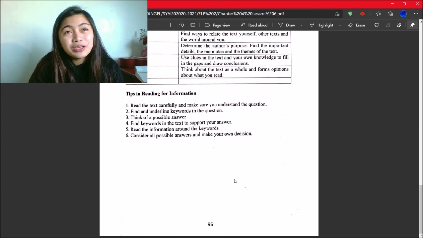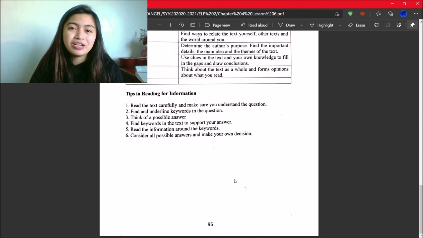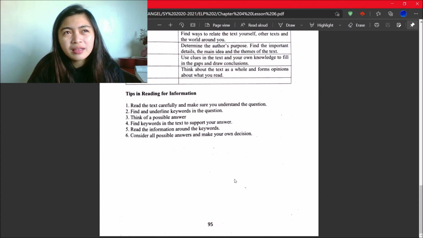Sabi nila, if you keep doing your best, it becomes your normal. And sometimes, you will find it hard to find a new definition of your best. So, if you're struggling like right now, remember that you need to take it easy.